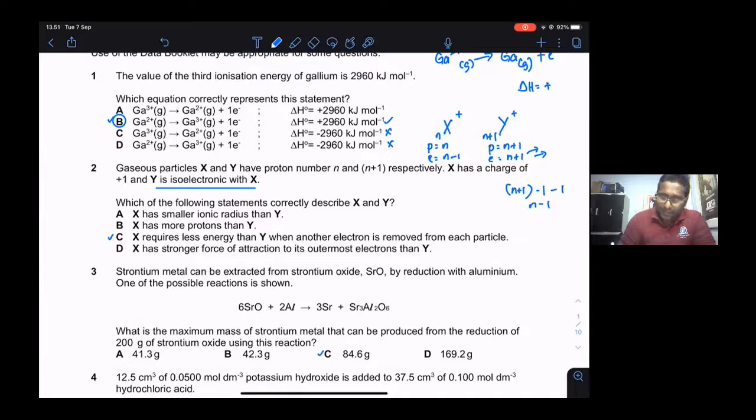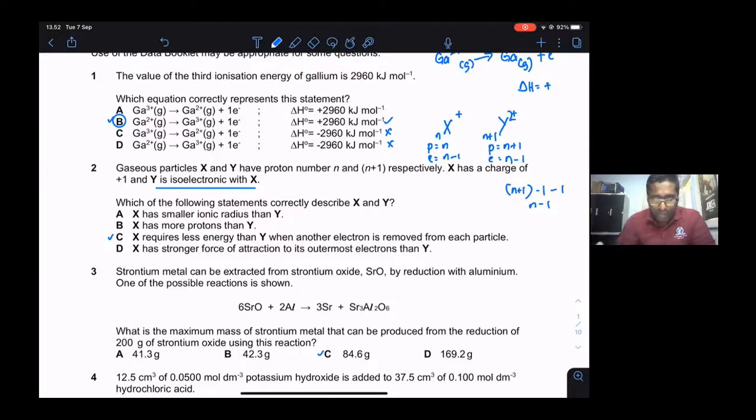It means Y becomes 2 plus. Using this, I have identified all the important details, so I can write this as N minus 1, isoelectronic. Now, which statement is correct?